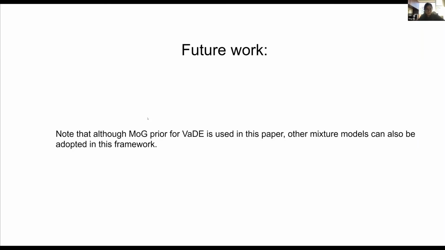For now, I think the most similar work to this one is the VAE plus GMM. These two works are very, very similar, and the author claimed that because this one has the regularization term, this paper performs better than the VAE plus GMM.